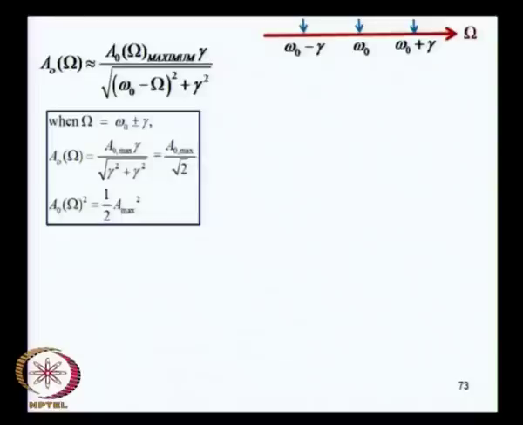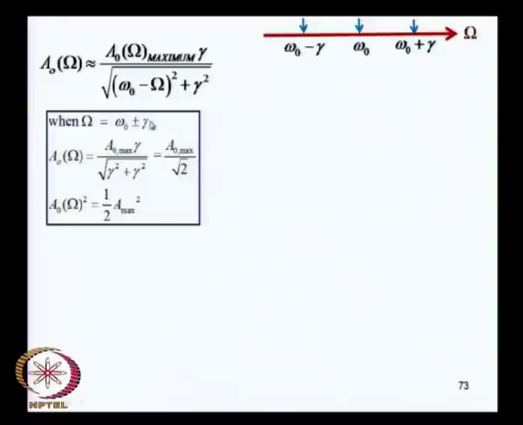Now, if you look at the behavior near the resonance frequency, so omega 0, the natural frequency, is the resonant frequency. This is where it is in the vicinity of this that the amplitude would be maximum, and if you go away from this frequency either to larger frequencies or to lesser frequencies, the amplitude would diminish.